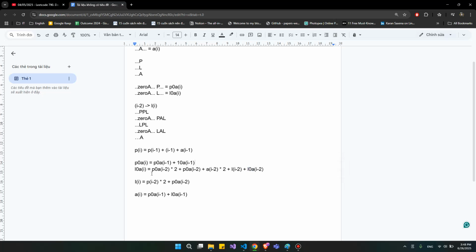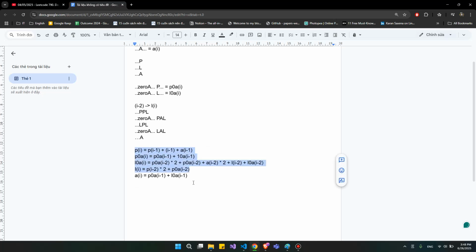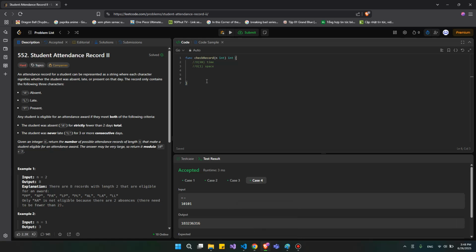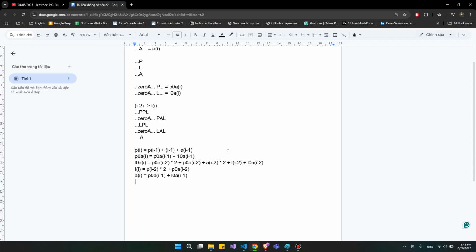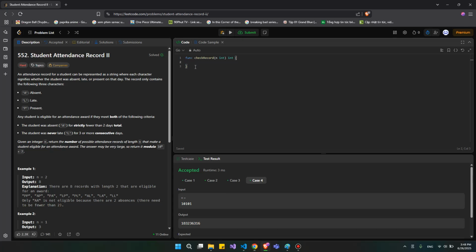So we have all the formulas we need to solve our problem. We come back to the code here. Okay, first we need to make the file.